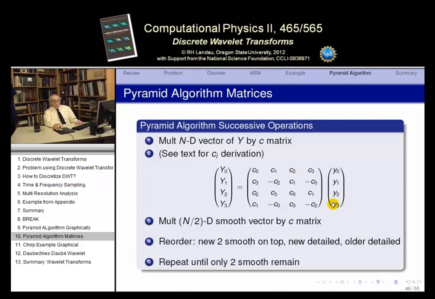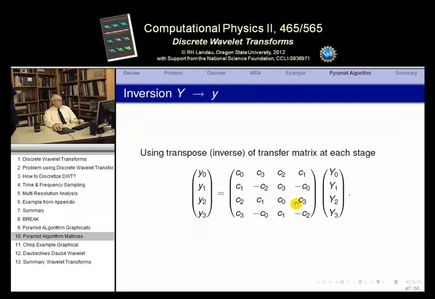So here it can handle more than just a small number of signals. It can be enlarged by just continuing the process. Okay? So we do the multiplication by the matrix. We end up with an output, just as we saw in the previous slide. We reorder, then multiply again and again, throwing away bits and pieces until finally we just have 2 smooth outputs remaining. So the point of this slide is right here. The filtering is just a simple matrix multiplication by these coefficients.